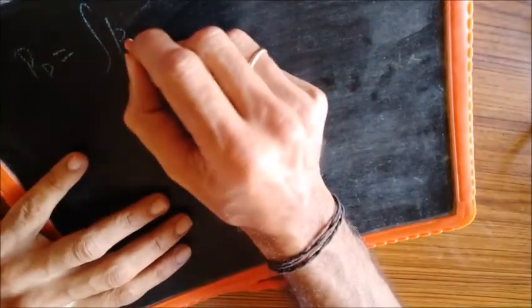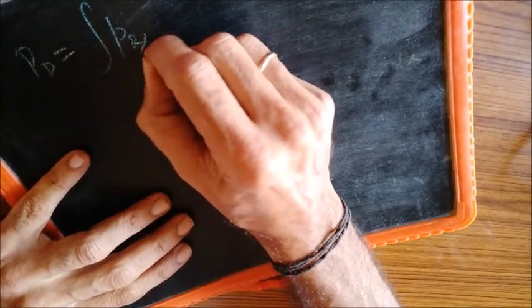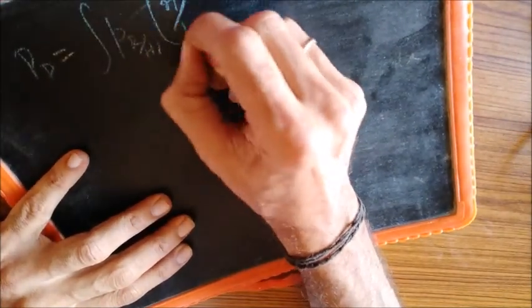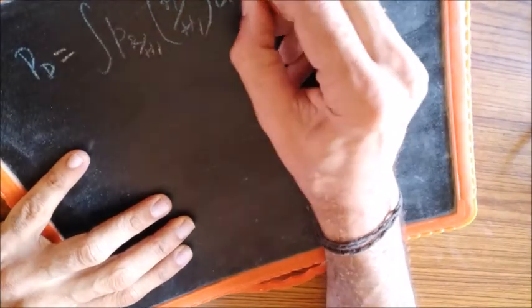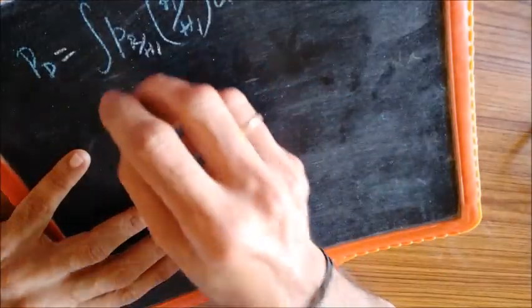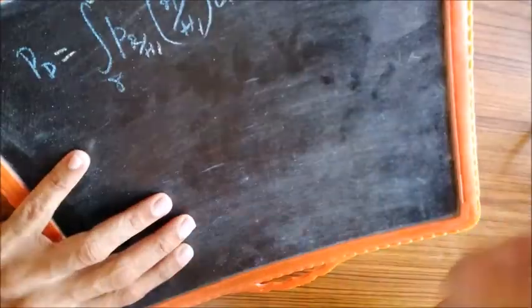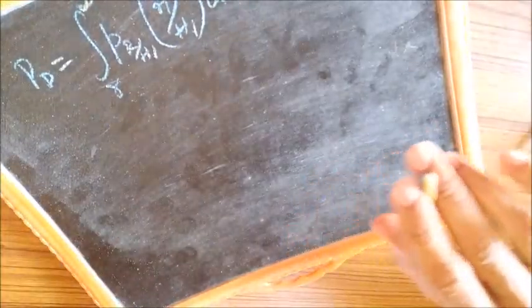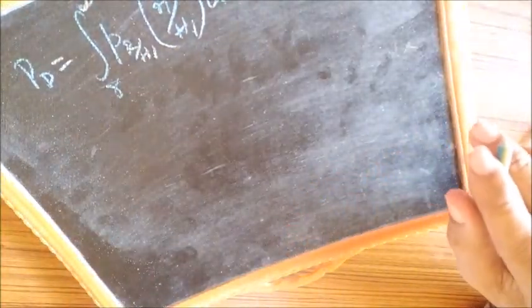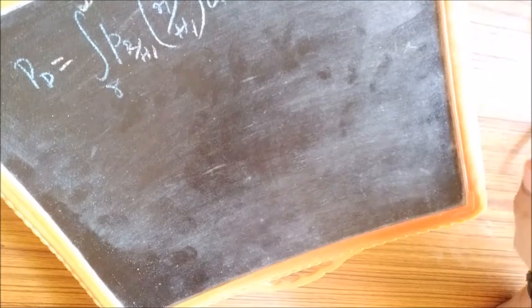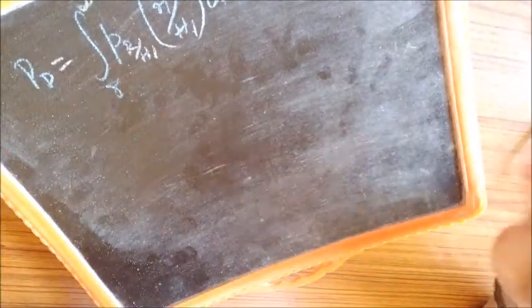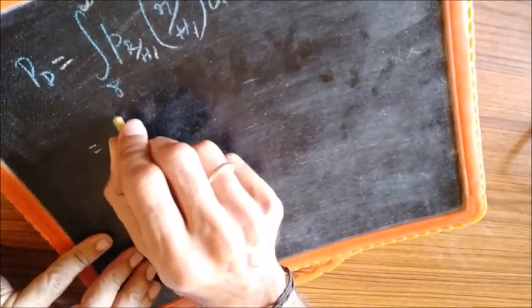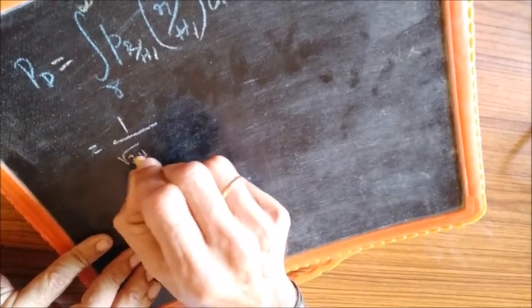To find that probability, we have to integrate the conditional density function of R when H1 is the true hypothesis from gamma to infinity. So we are finding the probability of R taking on a value more than gamma when H1 is the true hypothesis. This will be 1 by root of 2 pi sigma.